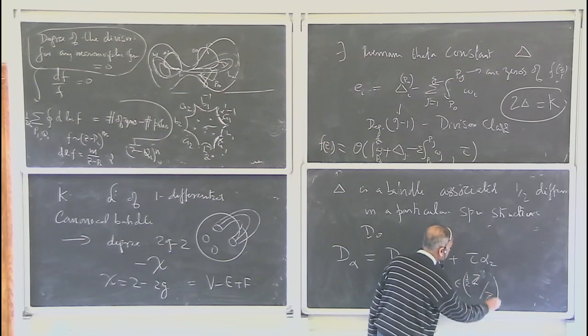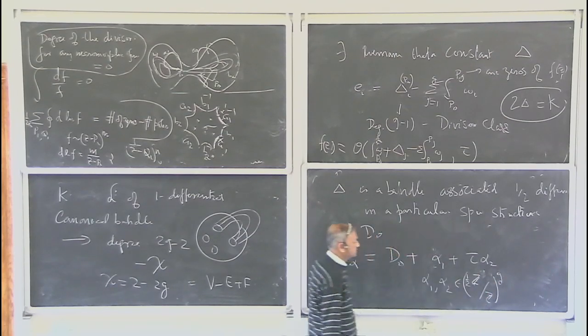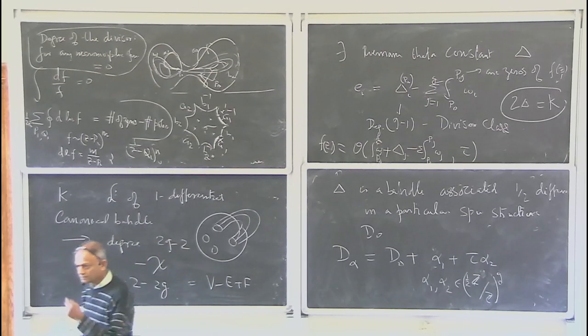Okay. These are half integers. The reason why you are doing that is that if you take the divisor of D0 as degree, you wrote before it as degree g minus 1, and if you square it, you get the degree 2g minus 2, which is the degree of K. But it's more than that.